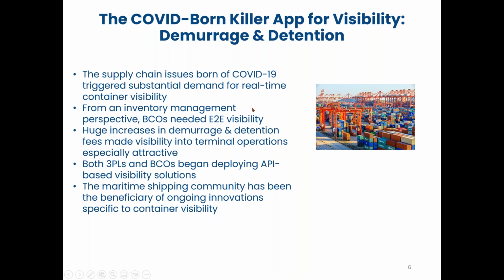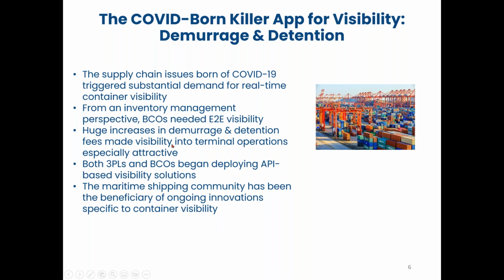From an inventory management perspective, which we will elaborate upon towards the end of the presentation, BCOs needed E2E, that's just end-to-end visibility, because they had to answer that question, where's my stuff? And with so much congestion at origin, at the factories, at the origin terminals, destination terminals, customs issues, et cetera, this became super important.